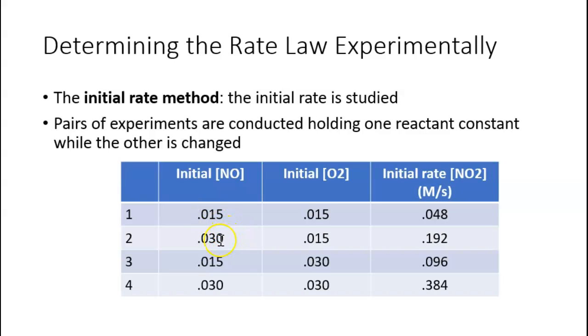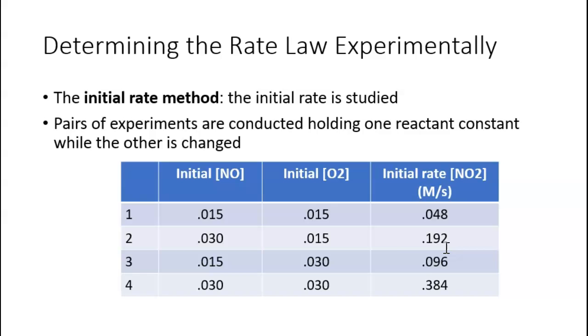So when we double the concentration of the NO, we want to see if we can make a correlation. For example, if I divide 192 by 48, I believe I get 4. So when the concentration doubles, the rate quadruples. That goes as 2 squared, right? So 2 squared would be 4. So this is second order.